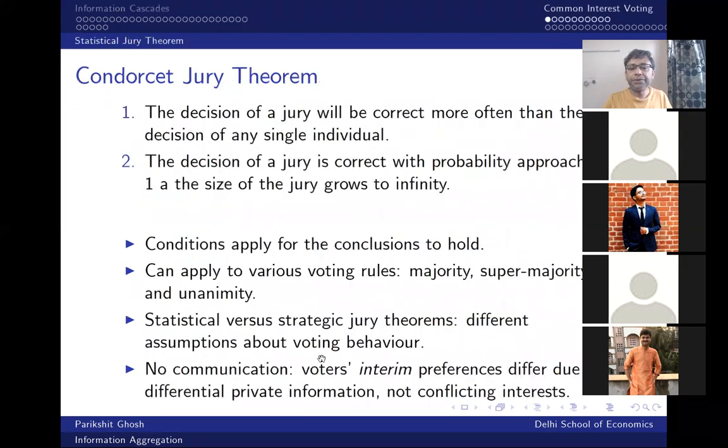Okay, so let me now switch gears and make the pendulum swing to the other end, almost, as it were. The information cascades model that you saw is, you can say, an illustration of the possibility of madness of crowds, large numbers of people making the same choices.